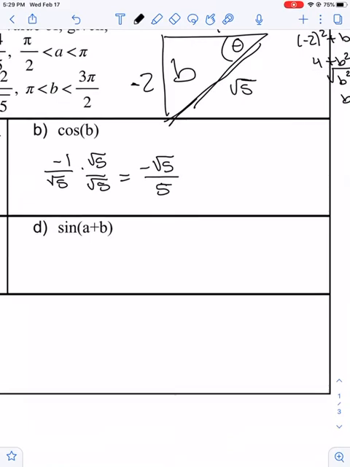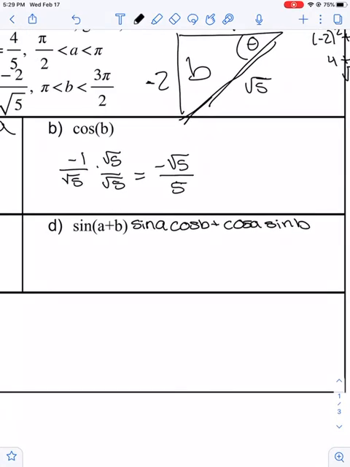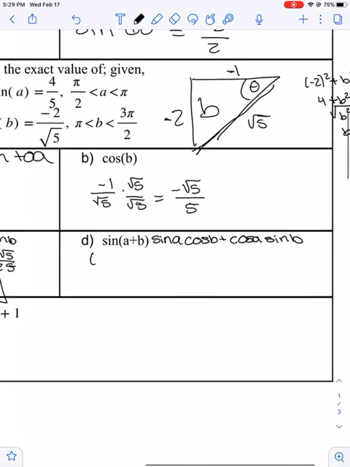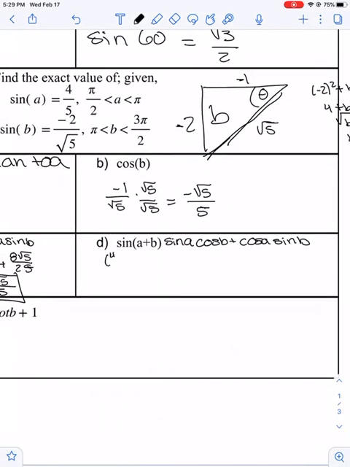Alright, now we're going to do the sine of A plus B. So let's write down the formula first: sine A cosine B plus cosine A sine B. We're going to plug in those values. The sine of A is 4/5.